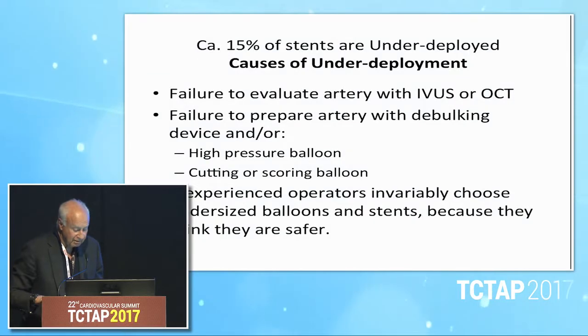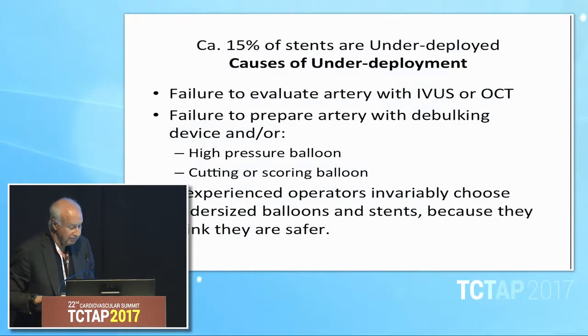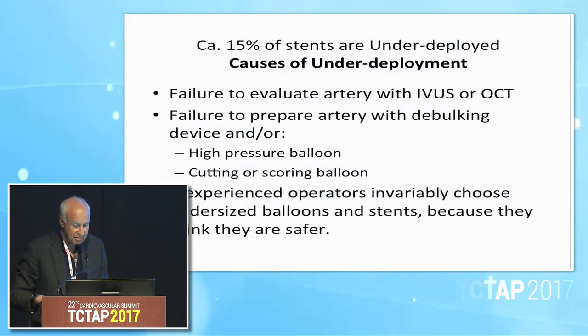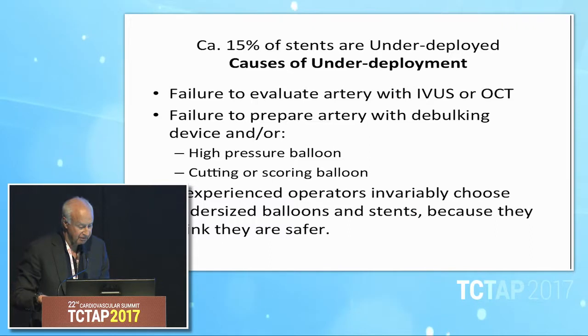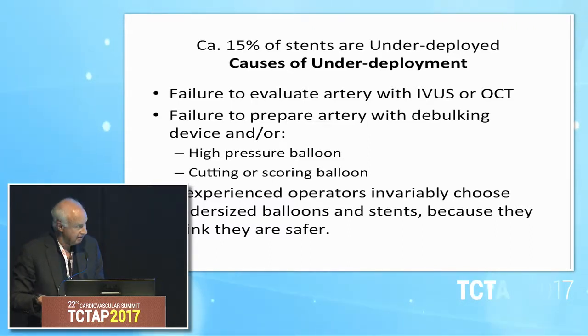If you take routine IVUS, about 15% of stents are underdeployed. It's especially a problem with inexperienced operators who invariably choose undersized balloons and stents because they think they're safer.